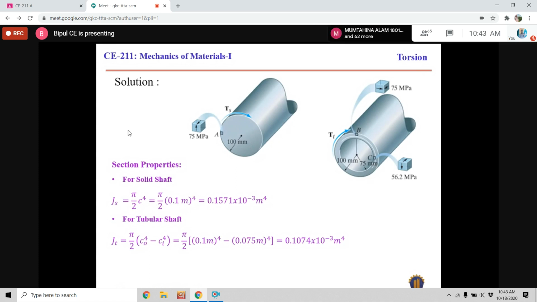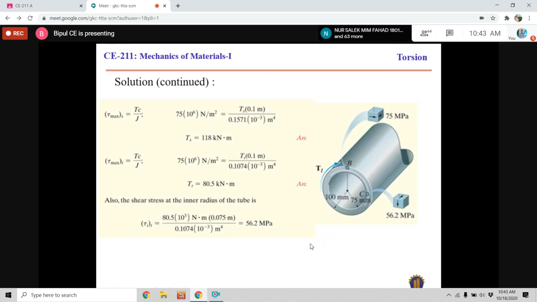Either consider millimeter or meter, but maintain the same unit. The radius is 100 millimeter; if we convert it into meter, it will be 0.1. Then the polar moment of inertia for the solid shaft is this, and similarly the polar moment of inertia for the tube is this one.